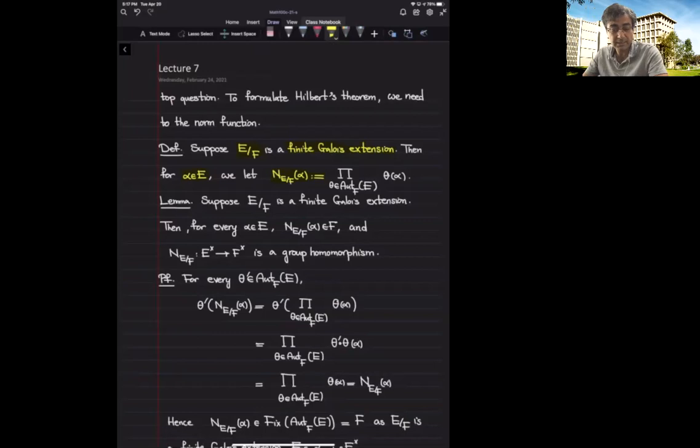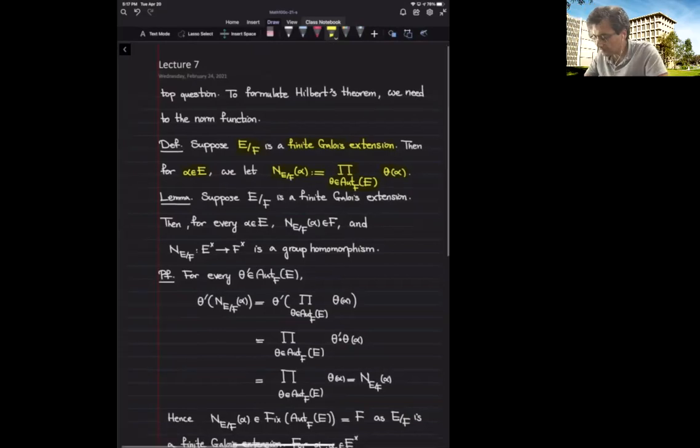I'm not multiplying elements inside the orbit; I'm applying an F-automorphism of E to alpha and multiplying all of them. So here I'm getting precisely as many terms as the degree of this field extension. Some of these terms might come with multiplicity.